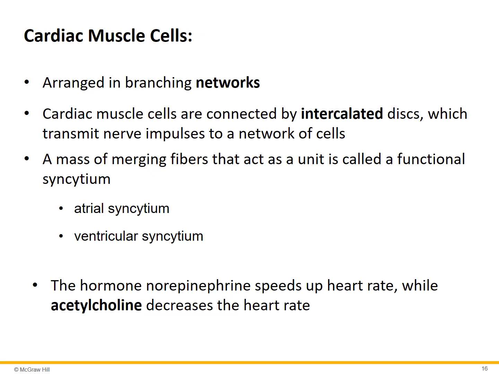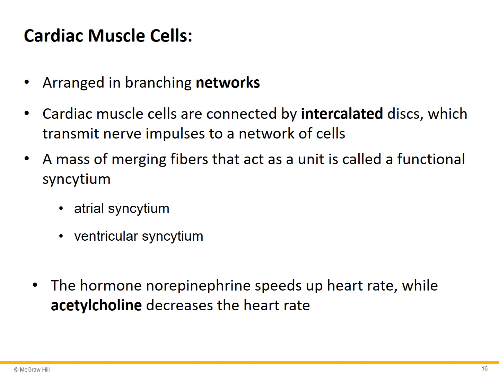So the heart, and we'll get to this in a couple minutes, generates its own intrinsic beat, okay? But it can speed up due to release of the hormone norepinephrine, or adrenaline.